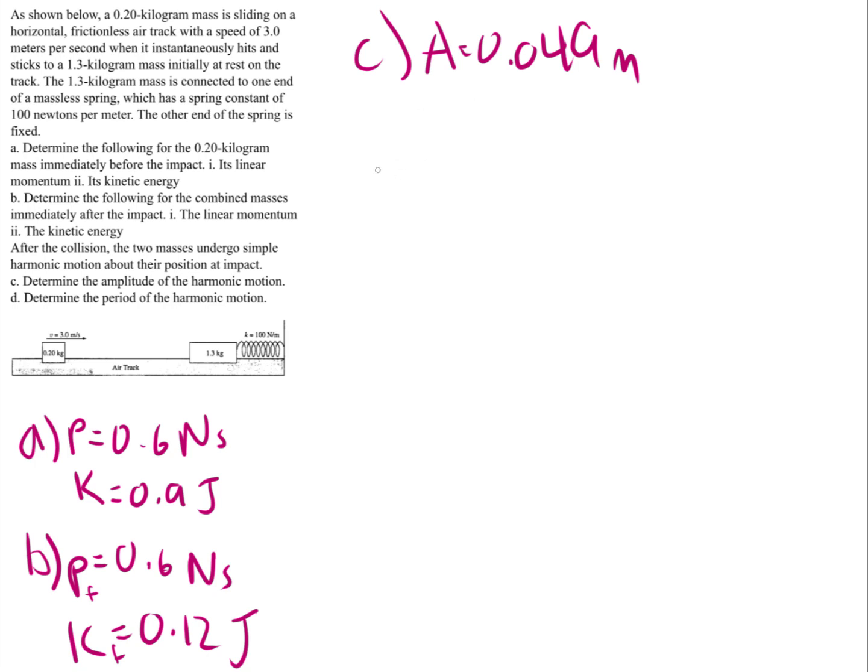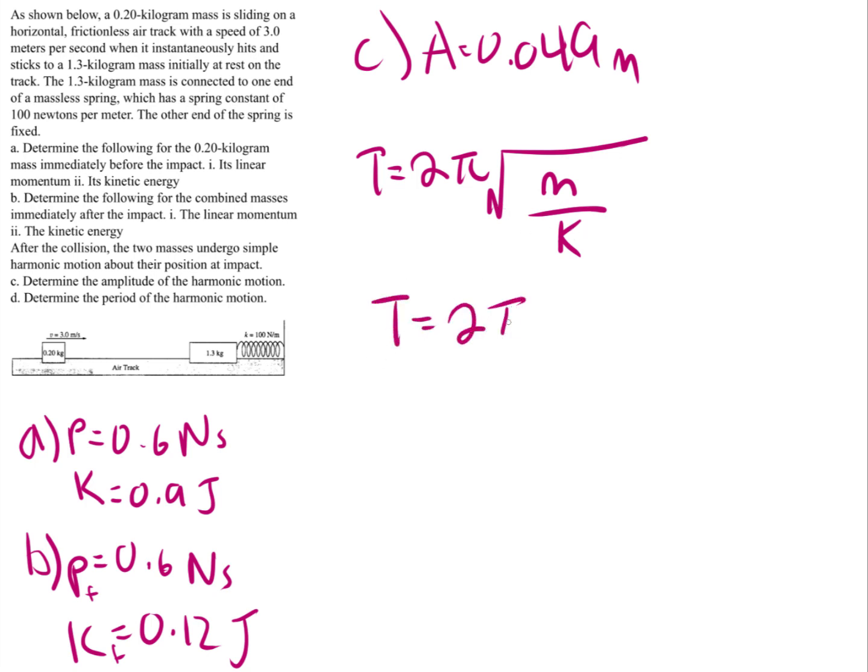The period is given by 2 pi times the square root of the mass divided by the spring constant k. The mass is actually the combined mass of the block that was initially moving and the block attached to the spring, since they stuck together and are now moving together.